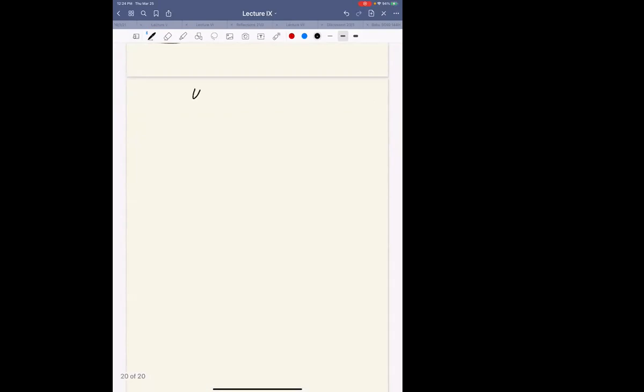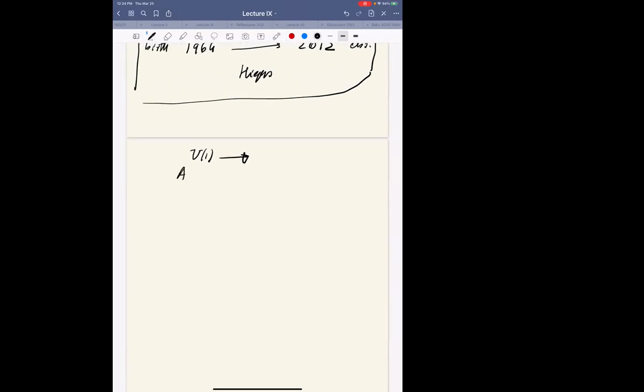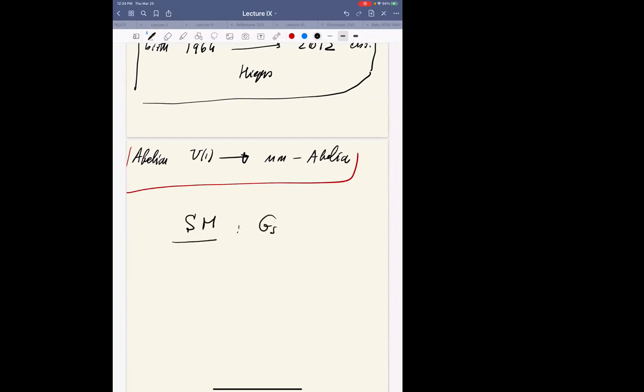We took the U1 example, and now from U1, which is abelian, we have to go to non-abelian. That's our task. This was just an illustration. After all, remember in the standard model, G standard model is SU2 cross U1.